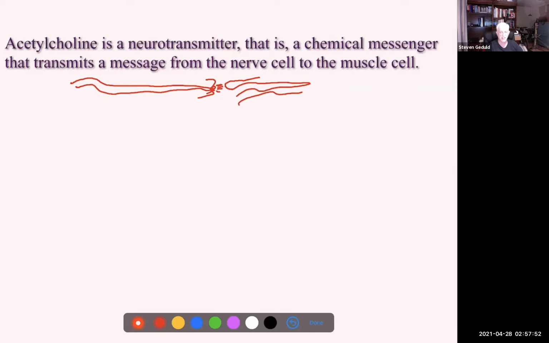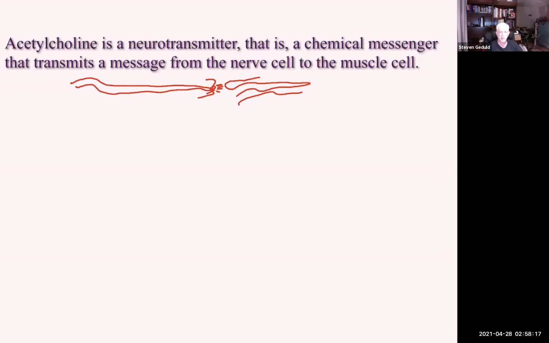That's instant death. If your heart contracts and can't relax, it's not going to beat again. With tetanus, sometimes people can spasm and contract so badly they'll actually snap their spinal cord. They'll break their own spinal cord from their muscles. So you have to have something that stops acetylcholine once it's done its job.